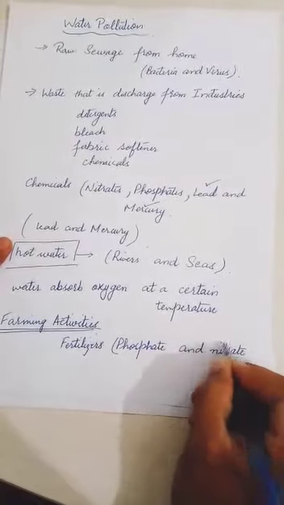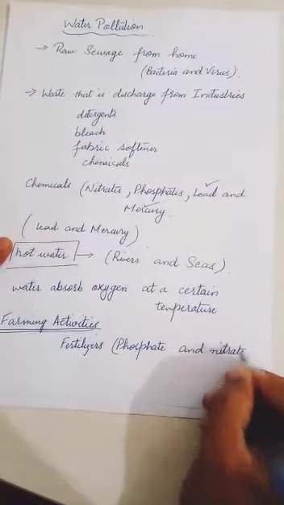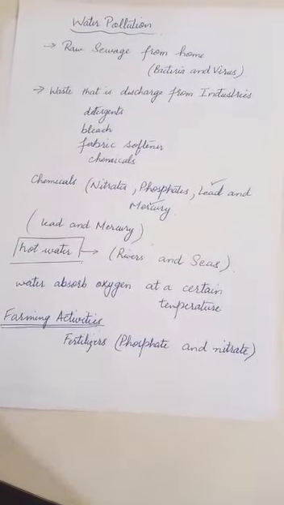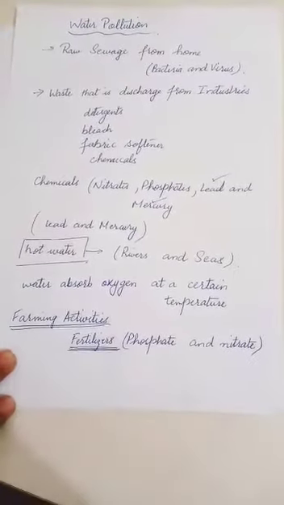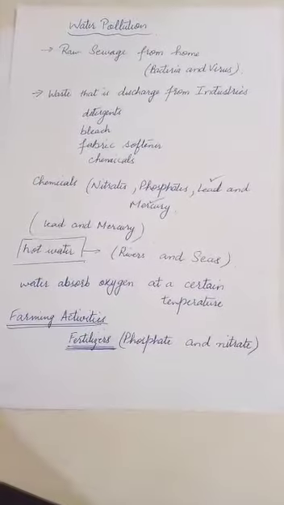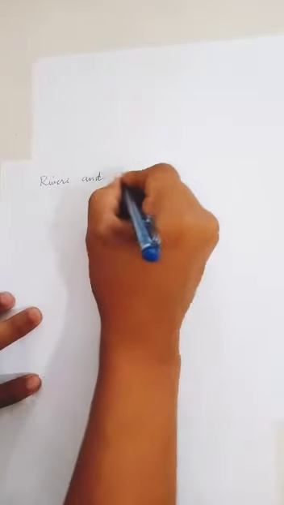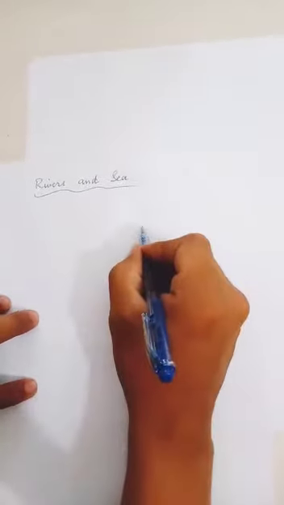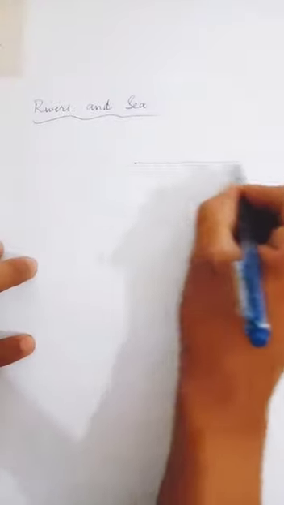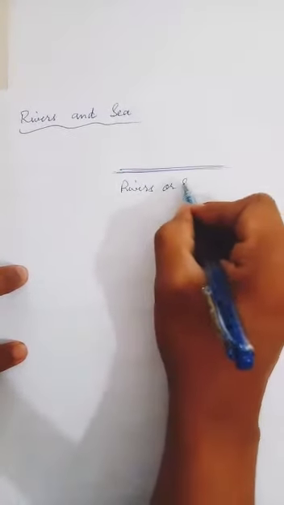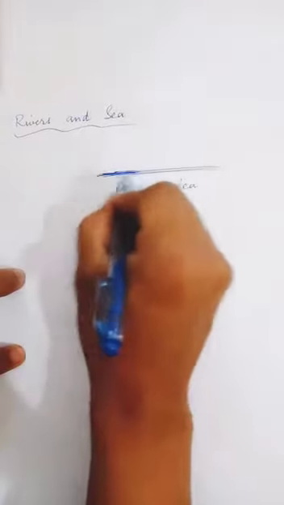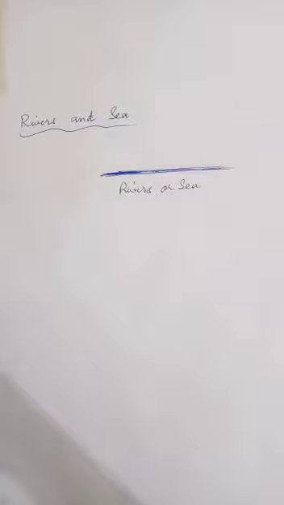Whenever we give fertilizers to the plants for their proper growth and the water mixes with these fertilizers, then whenever they are discharged into the rivers and sea, they promote the growth of plants on the surface of the river or sea.